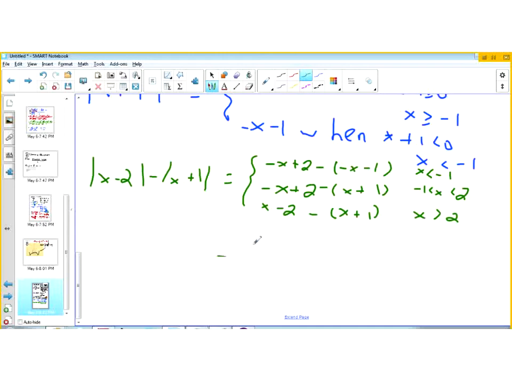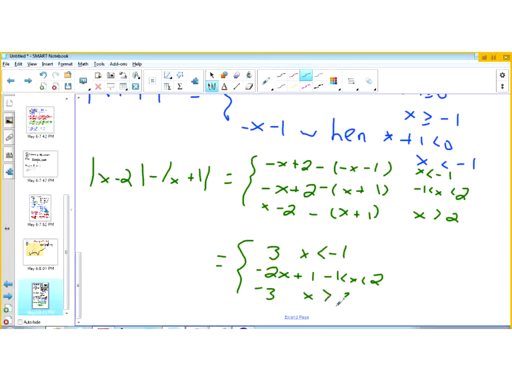Okay, and so knowing this information, you can graph it, right? So it's possible to graph the function. So let's simplify this. So this would be 3 for x less than negative 1, minus 2x plus 1 when x is between negative 1 and 2.